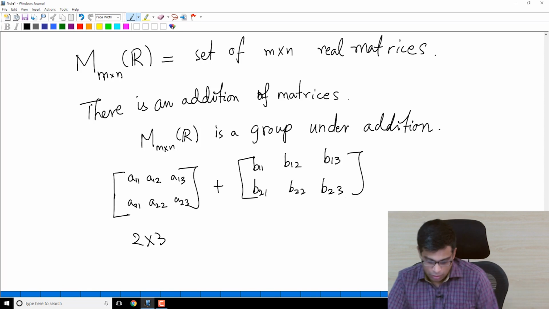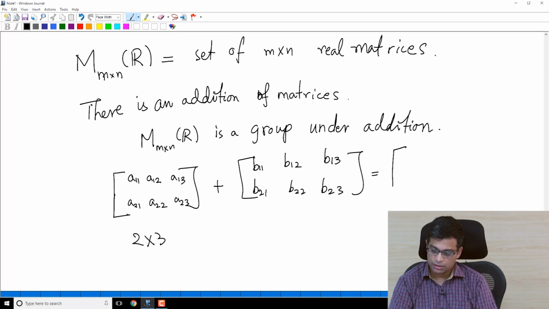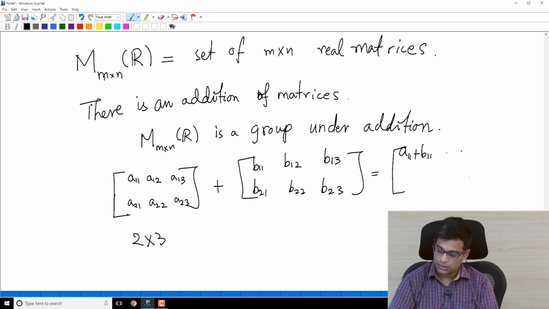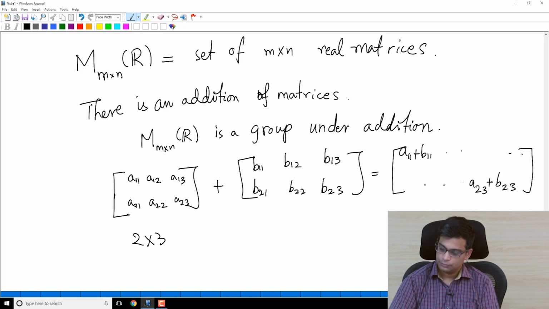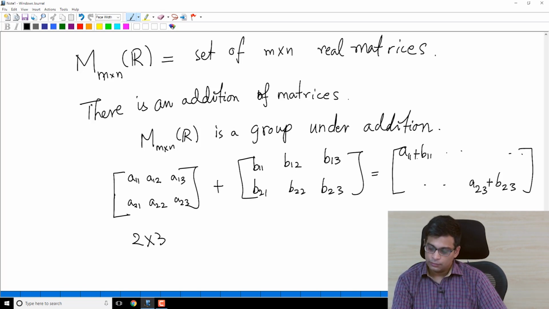The fact that it is a matrix is irrelevant here, it is just a way of arranging certain real numbers. So, you just add them component wise. Because addition under reals is a group, you can quickly check that this is also a group.